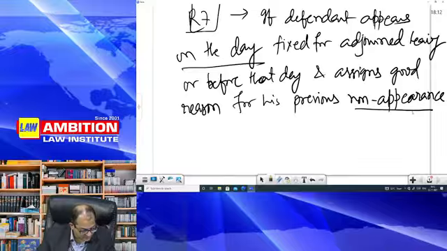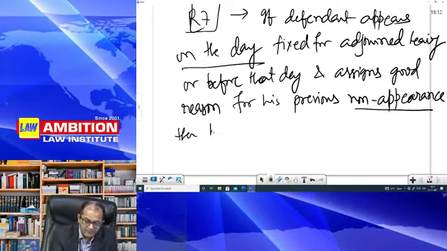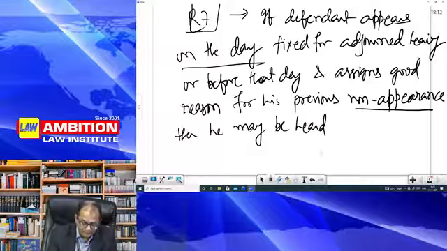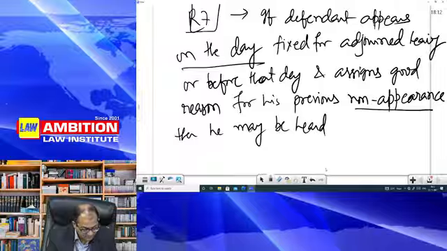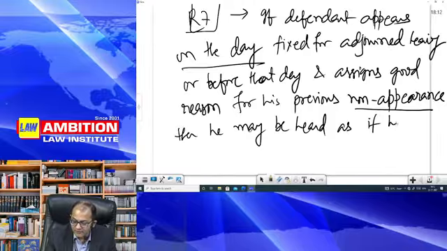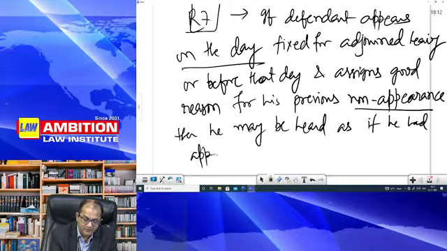then he may be heard. Then he may be heard in answer to the suit as if he had appeared earlier.